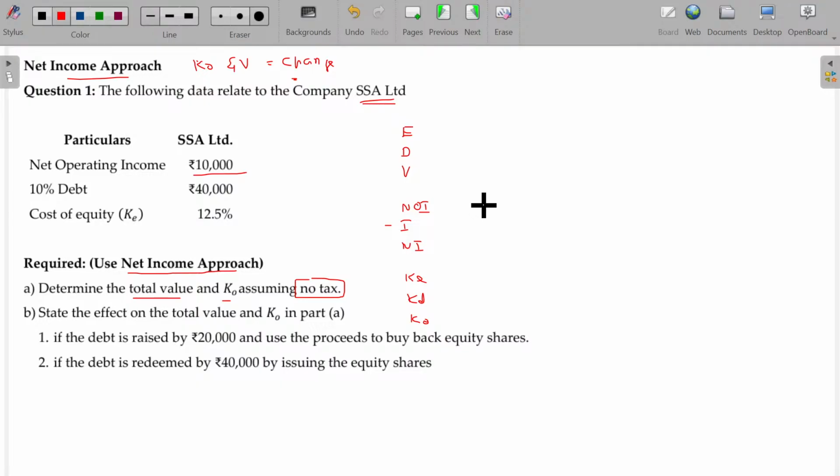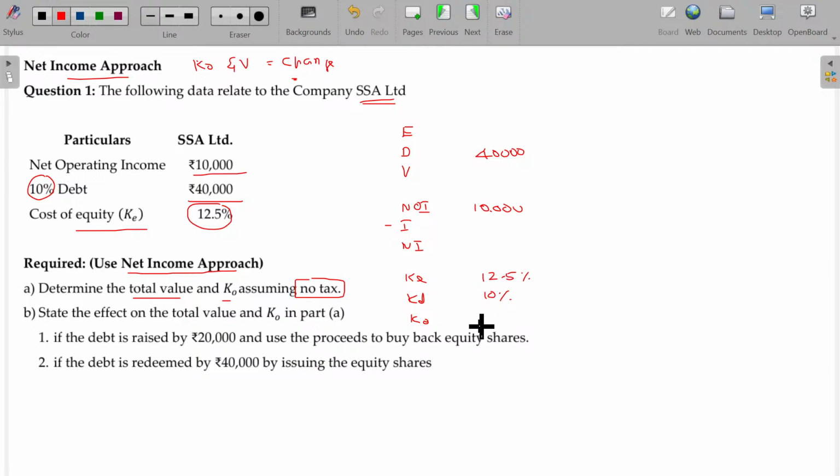Net operating income 10,000, 10% debt 40,000, debt being 40,000 and KD being 10%. Cost of equity 12.5 percentage.